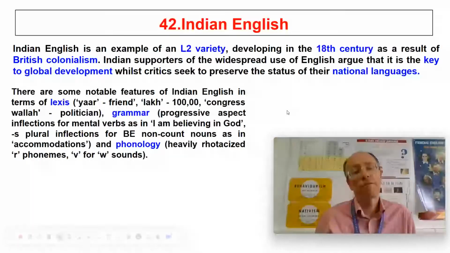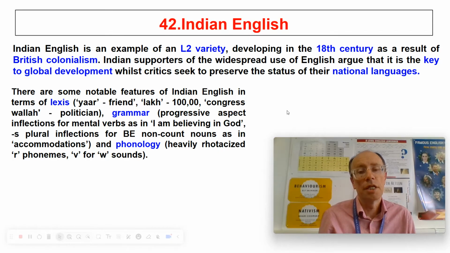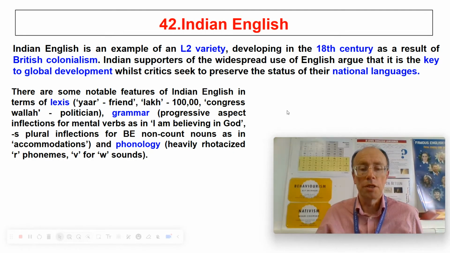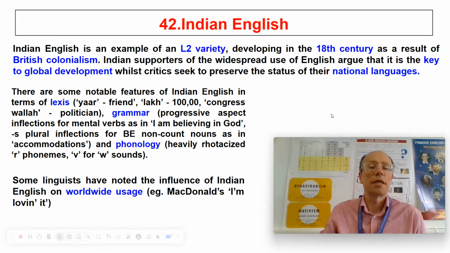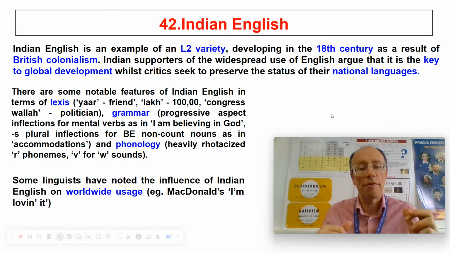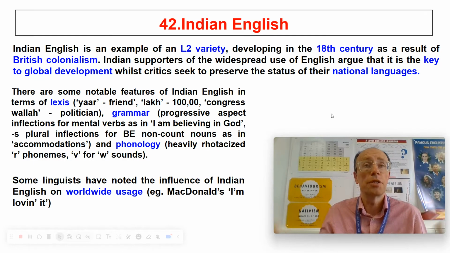And of course there are phonological differences between Indian English and British English. So you have the rolled, heavily rhotacised R phonemes, and you have a V consonant being used in place of a W, so water, for example. Some linguists have actually noted that Indian English is having an increasingly large influence on the way English is being used worldwide.